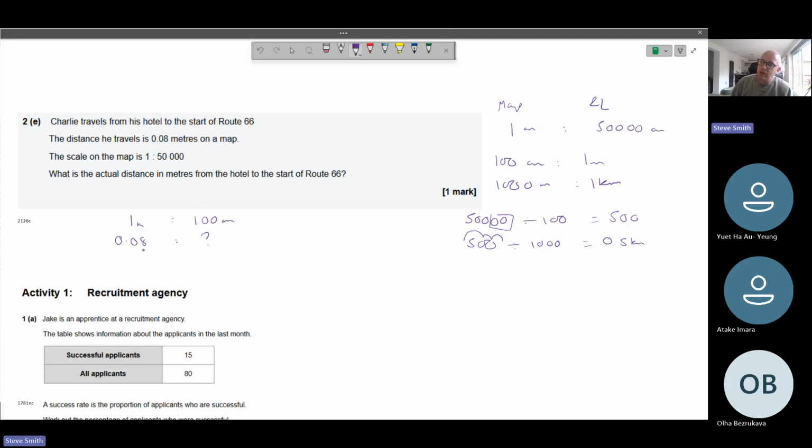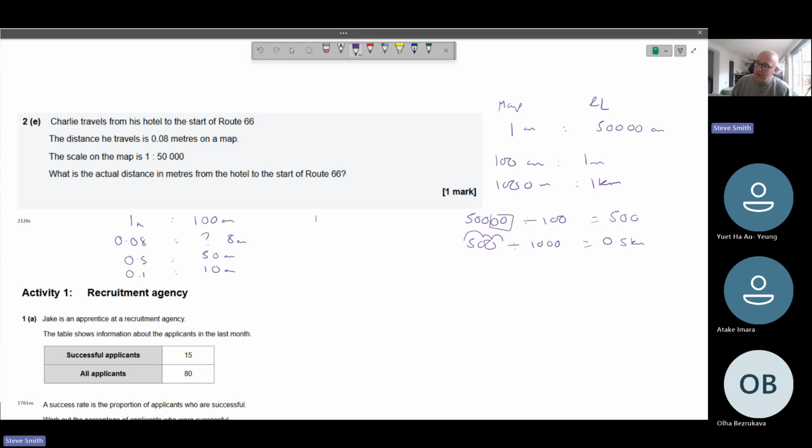Well, if we weren't aware that it's 8, we can break 1 into half, so I know that 0.5 is 50 centimeters. Then I break this into 5 equal pieces, so I know 0.1 is the same as 10 centimeters. And I've got 0.08.